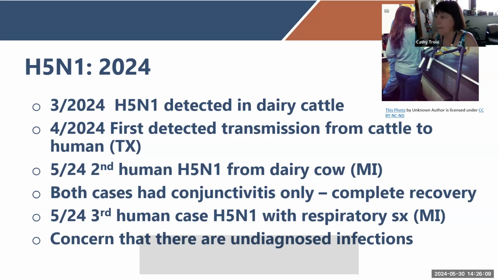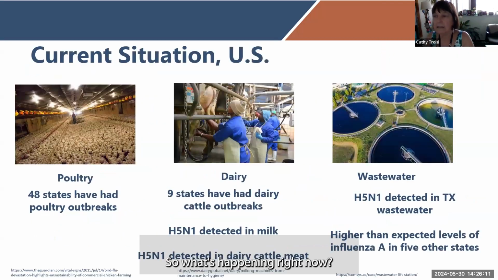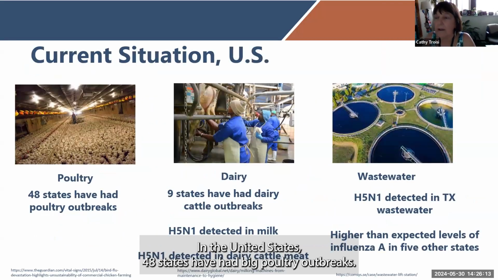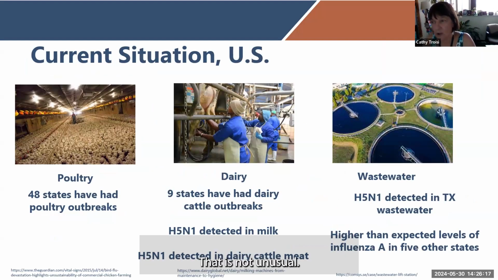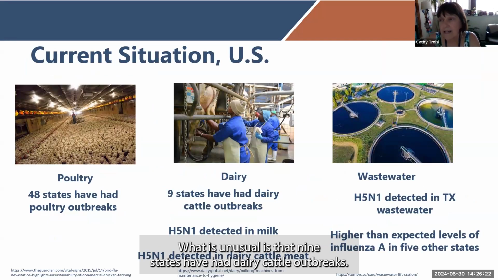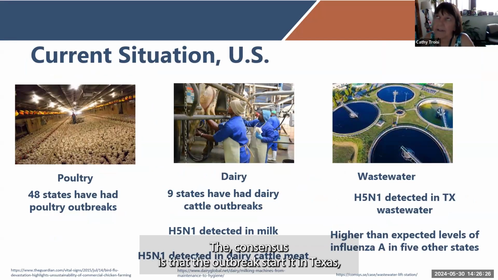So what's happening right now in the United States? 48 states have had big poultry outbreaks. That is not unusual. We have seen that before. What is unusual is that 9 states have had dairy cattle outbreaks. The consensus is that the outbreak started in Texas, and then cattle are frequently shipped to other states.